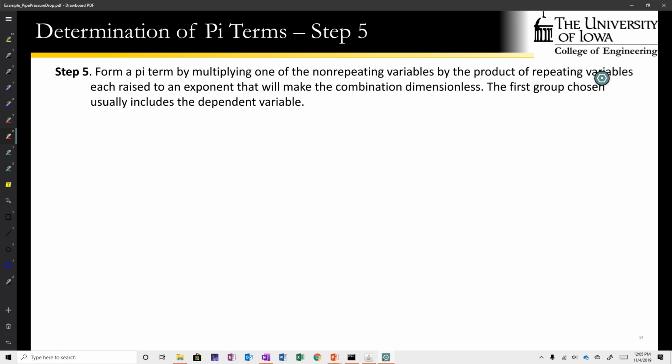So now that we've got our repeating variables, rho, D, and V, the idea is that we want to combine the repeating variables with each of the remaining non-repeating variables to form dimensionless groups.